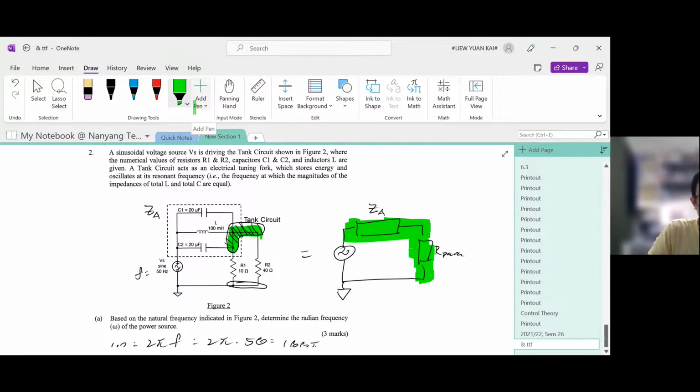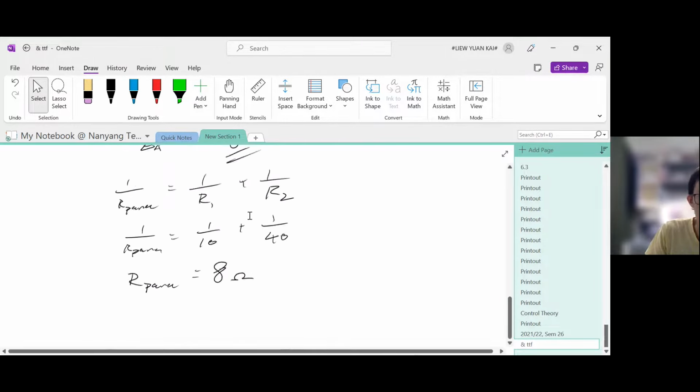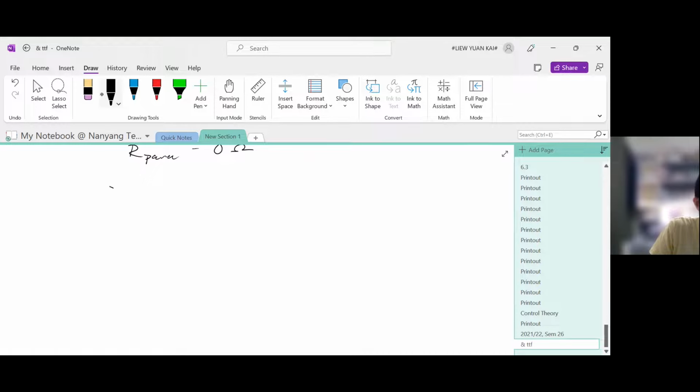To find the total impedance, I just add them up, ZA plus R para. So the total impedance as seen by the voltage source, Z total, is equal to 51.9 J plus the 8 ohms that we got. So this is the answer.